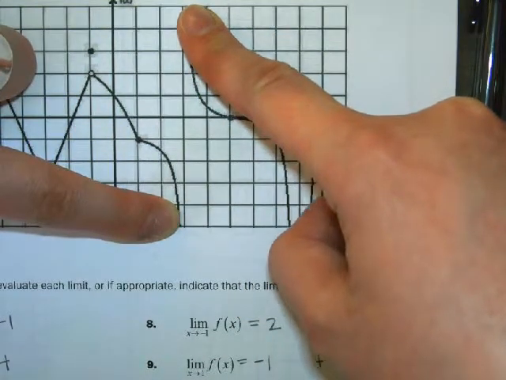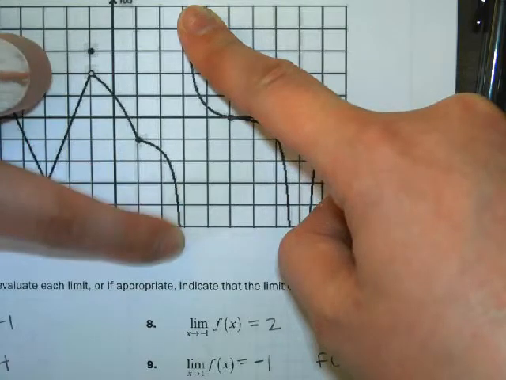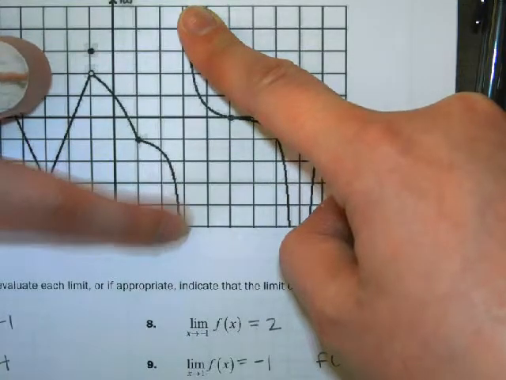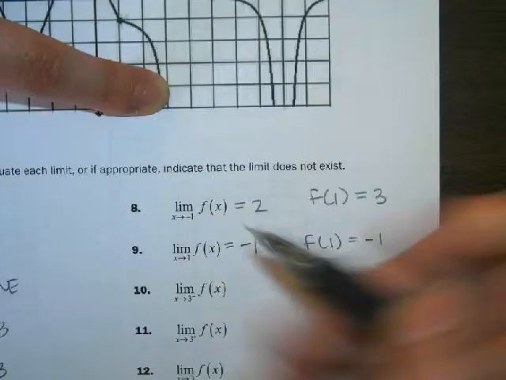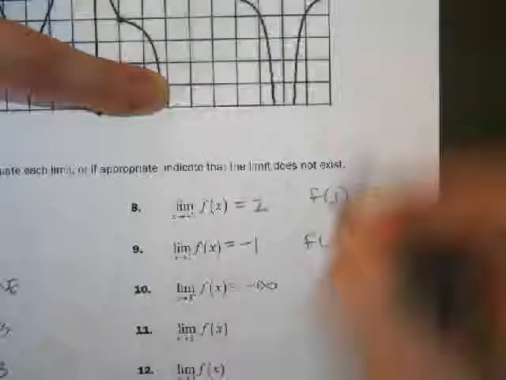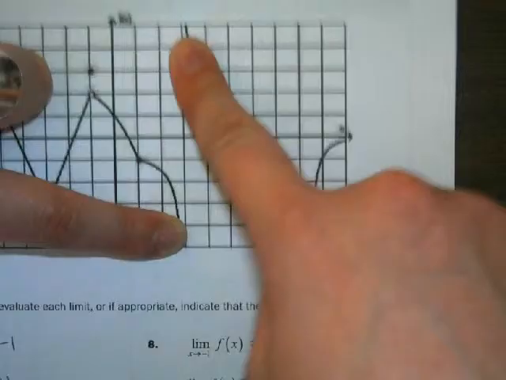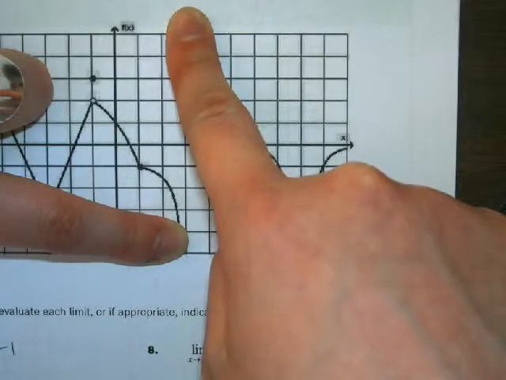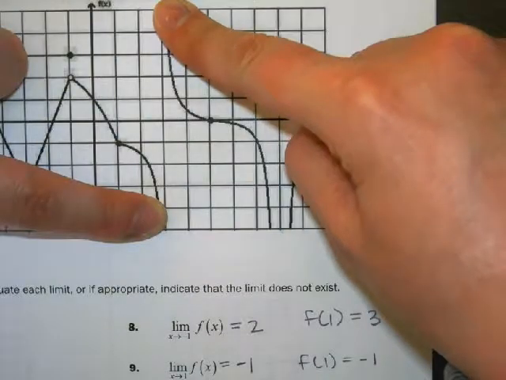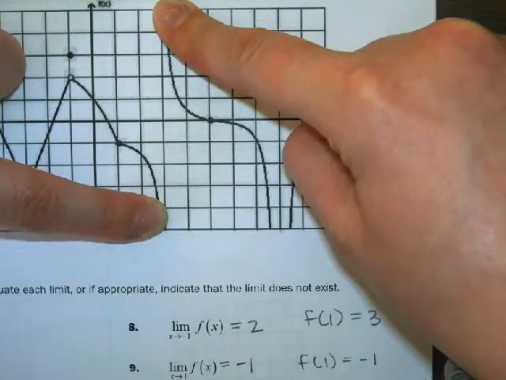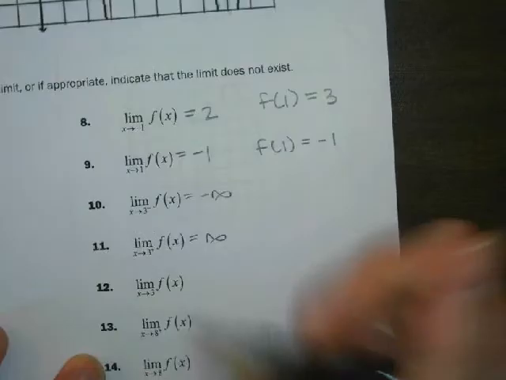There's an asymptote right there. So my left finger would go down forever. What y coordinate would that be? Negative infinity. So from the left, I would have negative infinity. From the right, my finger would go up forever. Positive infinity. And so what's my conclusion about 3? Does not exist. Not going to happen.